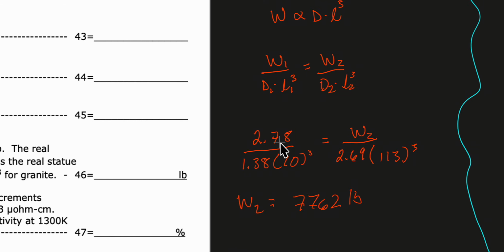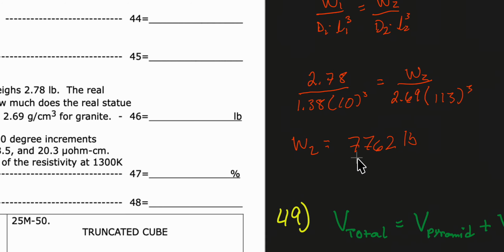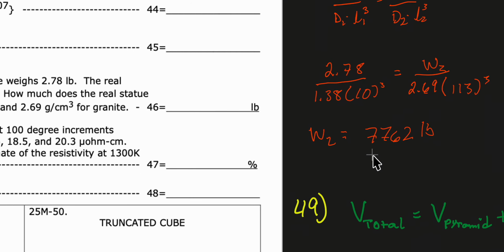And here's the setup: 2.78 divided by 1.38 times 10 cubed. The tricky part is that the height of the other statue includes feet, so you convert that part to inches, add them up, and you find that the total weight of the other statue would be 7.7 times 10 to the 3-ish pounds.